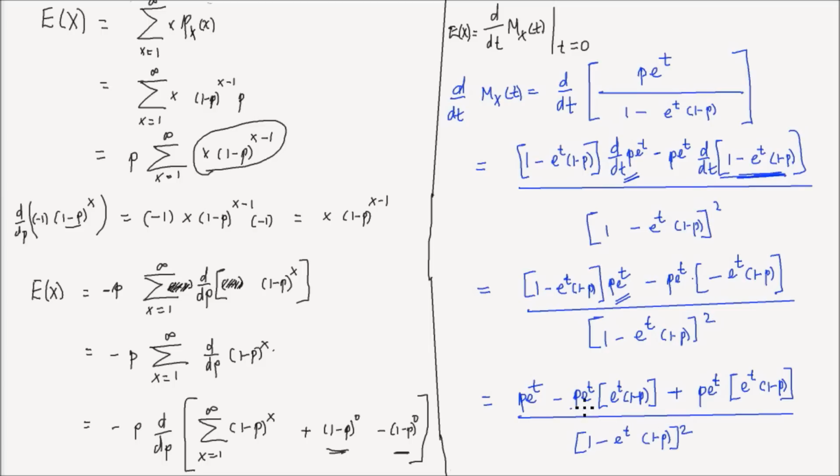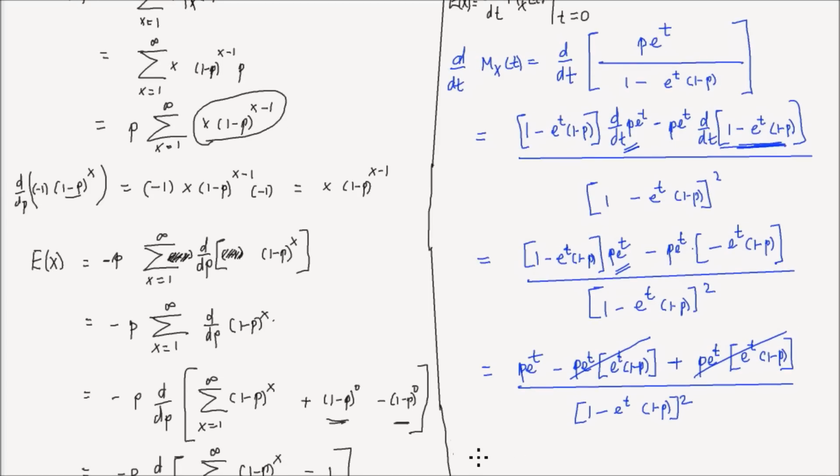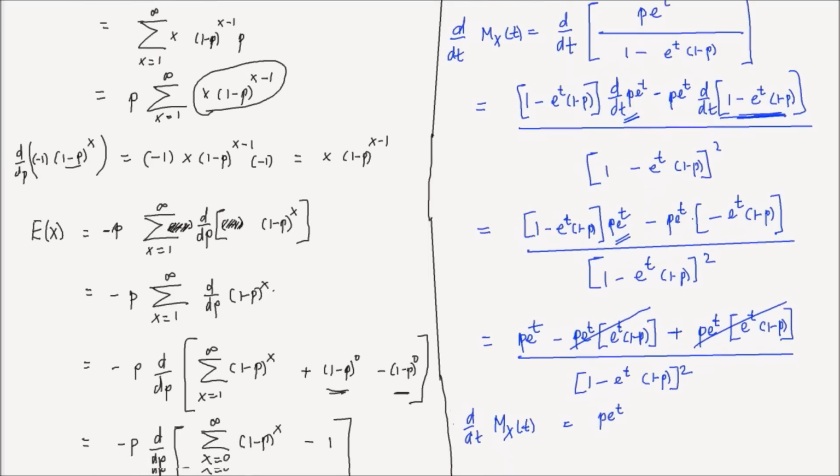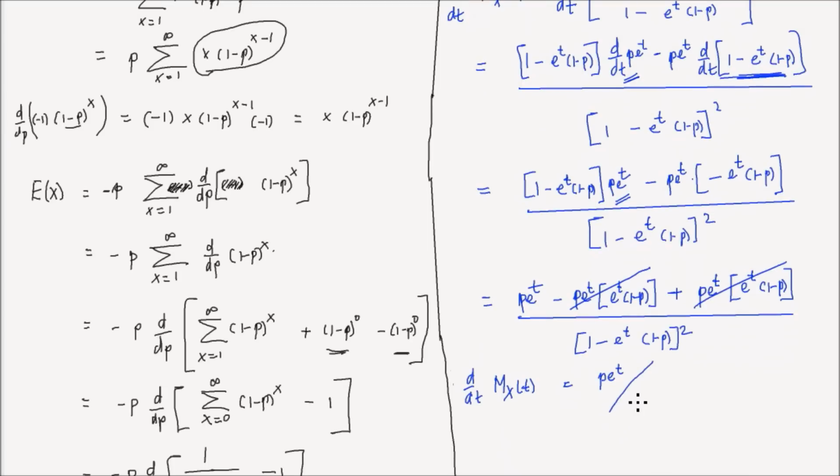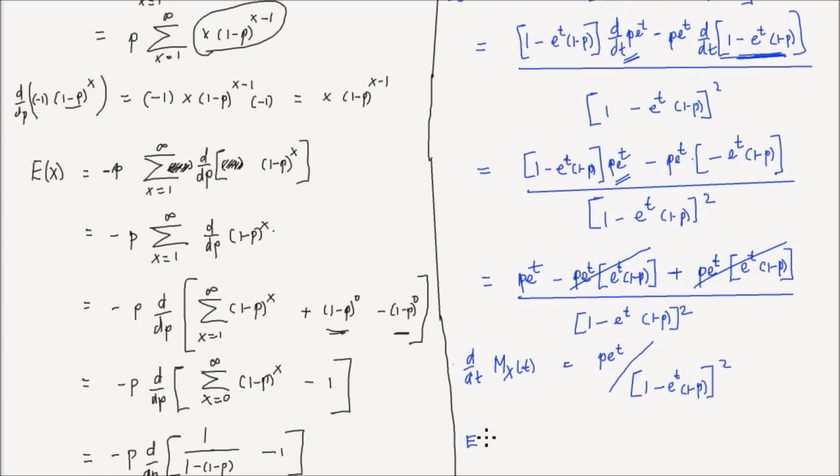Now you can see this expression cancels out with that one. They're exactly the same. One is positive, one is negative. Therefore, the derivative with respect to t of the MGF Mx of t is given by p times e to the t divided by 1 minus e to the t times 1 minus p squared. To find the expectation, therefore, what I have to do is plug in 0 for t.